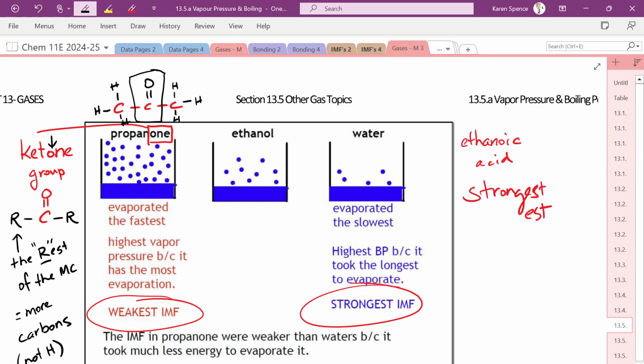Okay. Now, ethanol. Can you guys draw the formula for ethanol? Because you do know your alcohols, I think.